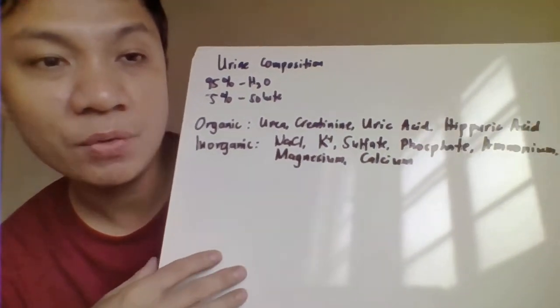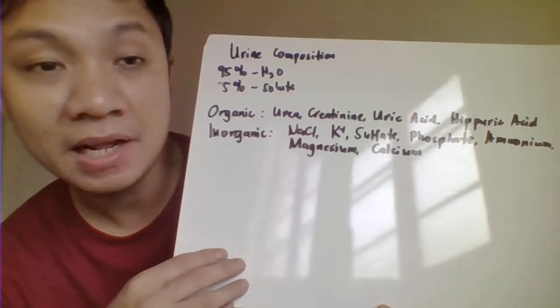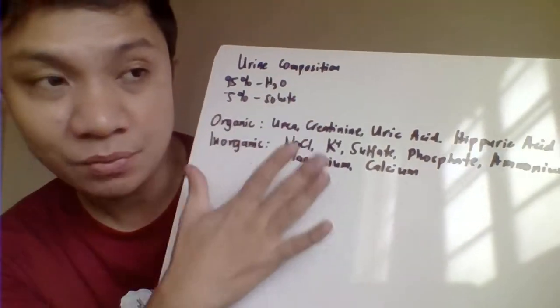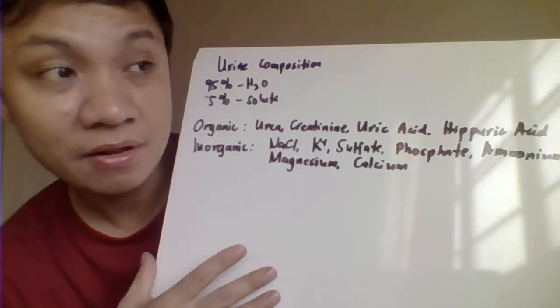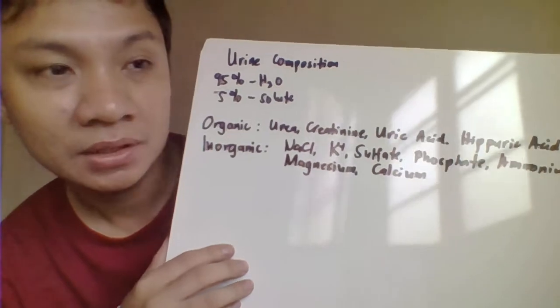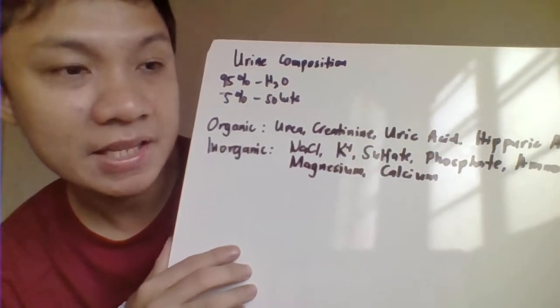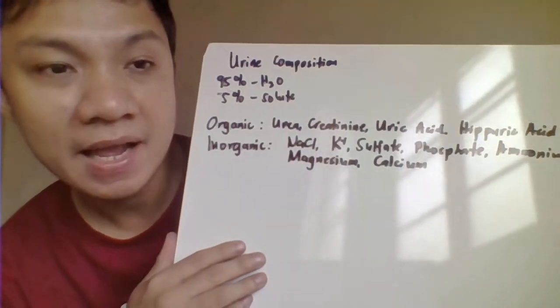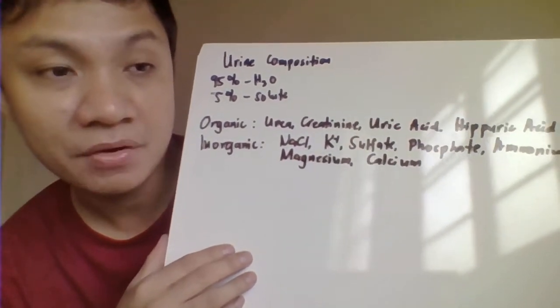Especially if there are additional medical conditions associated with the patient, aside from the water and the dissolved solutes. Out of your 5% solute, it's made up of organic and inorganic substances. Among the organic substances, the highest level is urea.